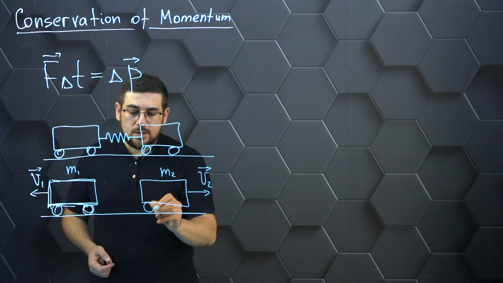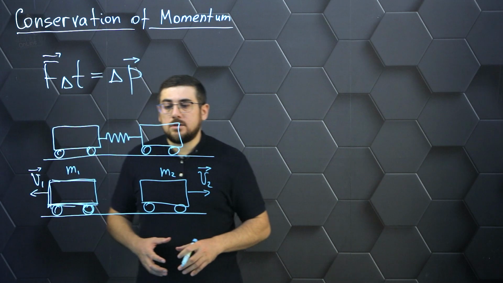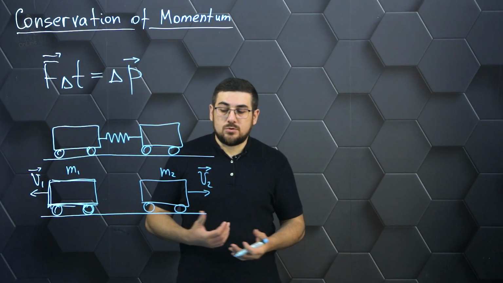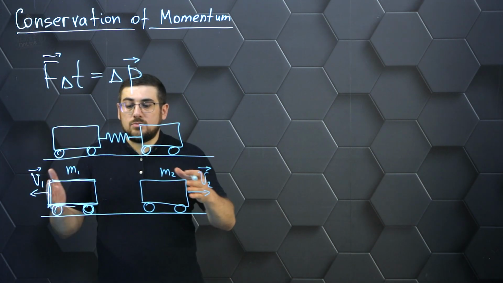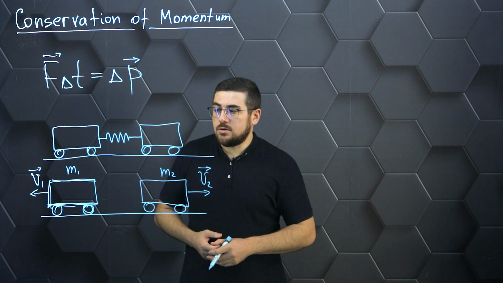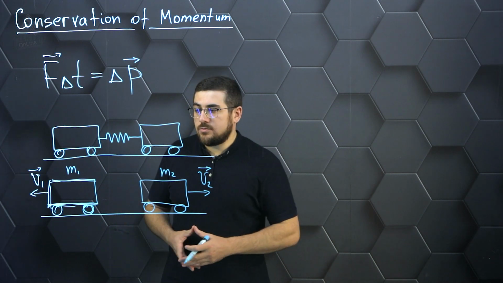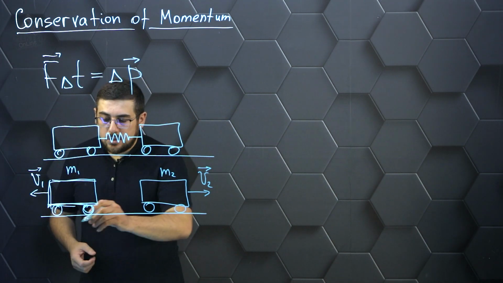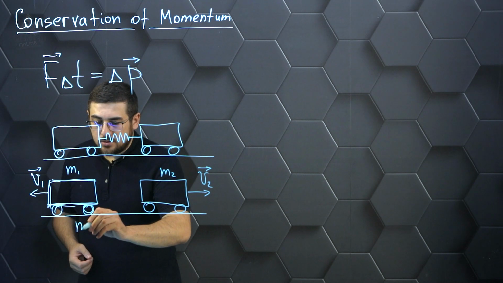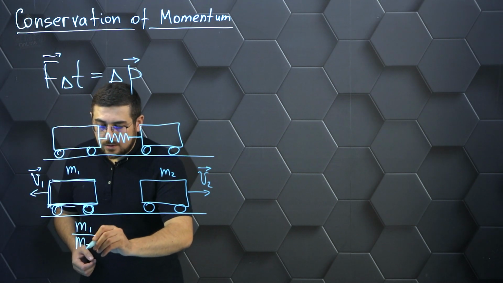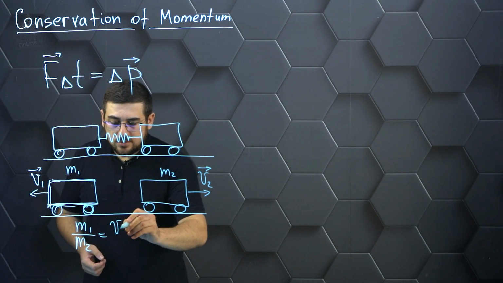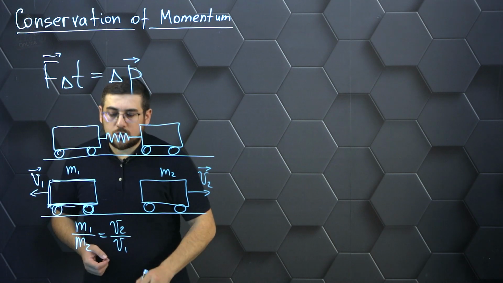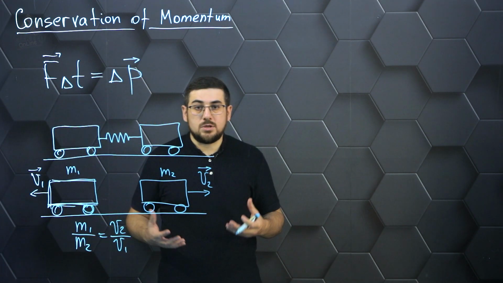Therefore, with this interaction, we will get different speeds for these objects depending on their masses. Moreover, a certain ratio is fulfilled here, which is a direct consequence of the law we're talking about today, the law of conservation of momentum.